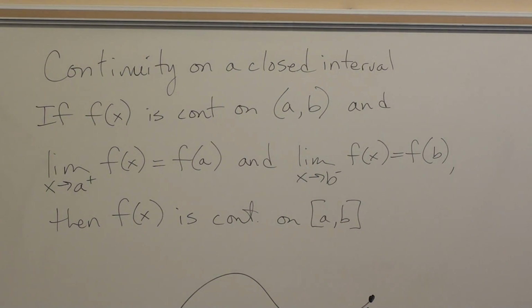So then they consider the function continuous on the closed interval. So when you're talking about continuity on a closed interval, you can't be continuous at an endpoint, but you can have right and left-handed limits. So they just say for the endpoints, if that limit from one side approaches the endpoints, we're good.